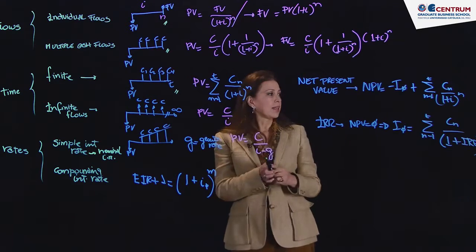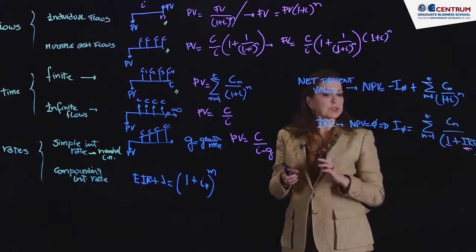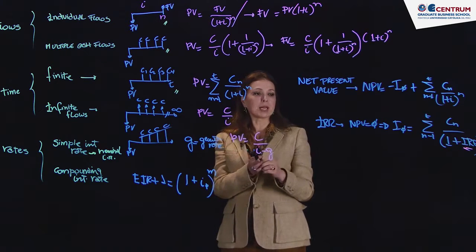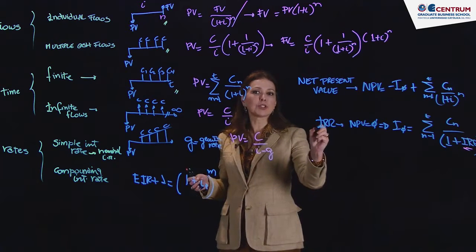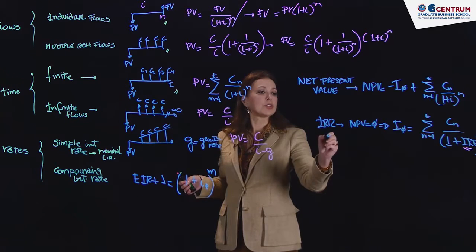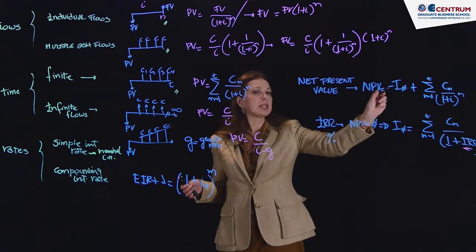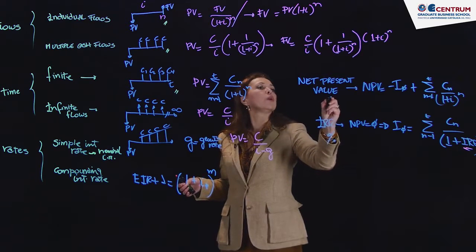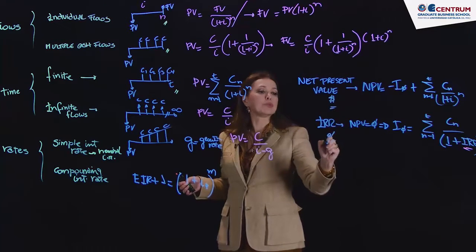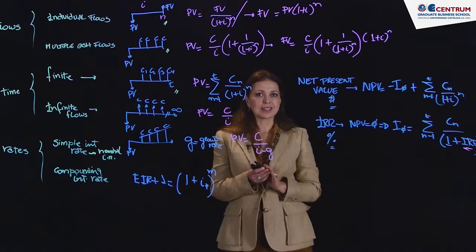And that will be our result. Remember that when we speak about internal rate of return, we are talking about rates, so this is going to be in a percentage sign, and when we talk about net present value, it's a value, so we are going to have an amount. That will be the big difference.